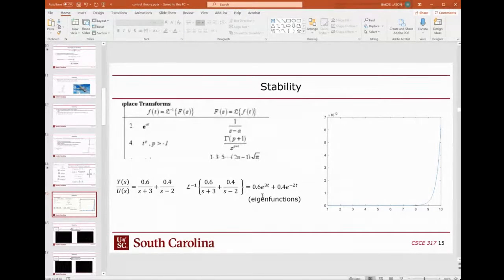Would it not be e raised to the minus 3t? I might have switched it. 0.3, minus 3t. Yes. Did I screw that up? Yeah, because that's 3. That would be negative 3, right? Yeah, I think I did screw that up.